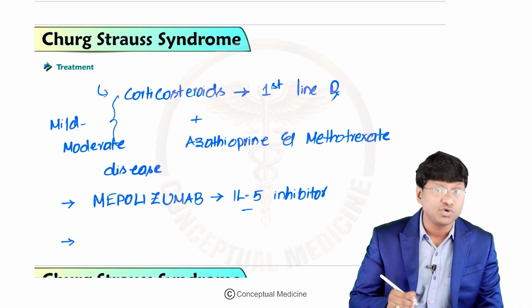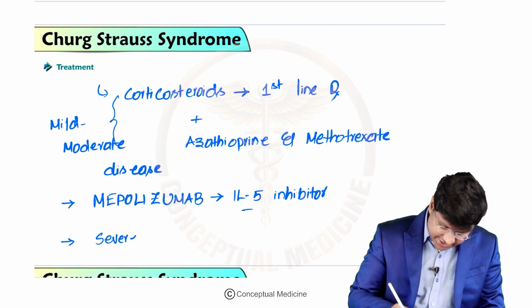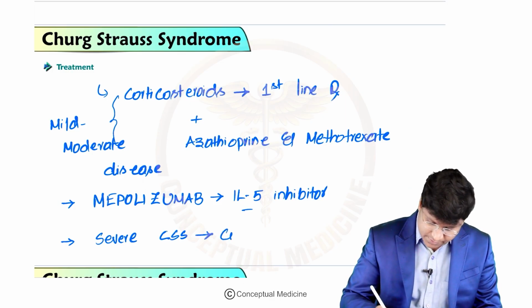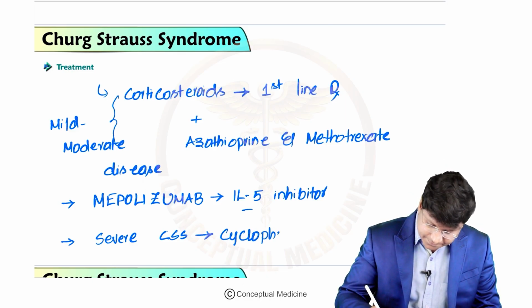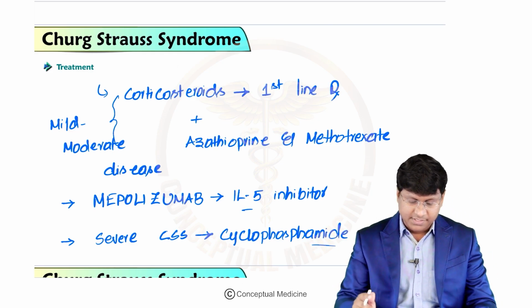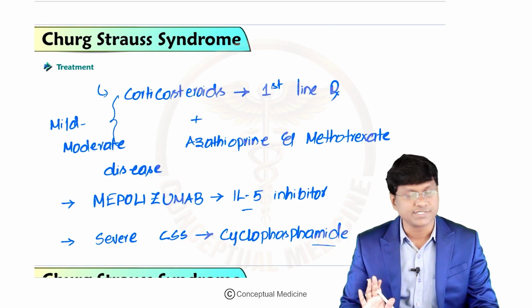And in case of severe Churg-Strauss syndrome, the drug that is very effective is cyclophosphamide. So that is the treatment for Churg-Strauss syndrome.